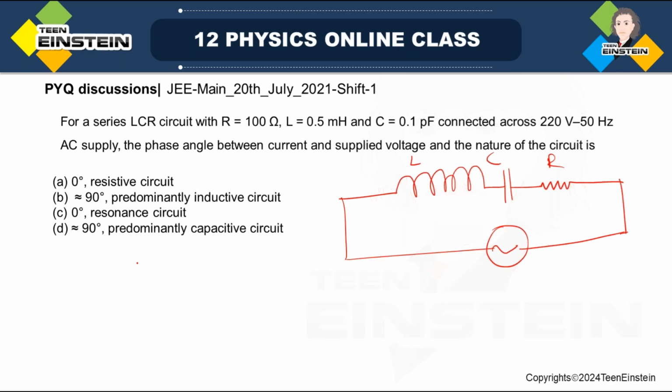So C is given as 0.1 picofarad. See, frequency of the AC voltage is given as 50 hertz, 220 volt. Okay, 220 volt, 50 hertz.